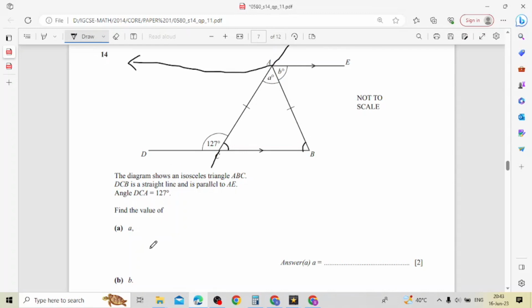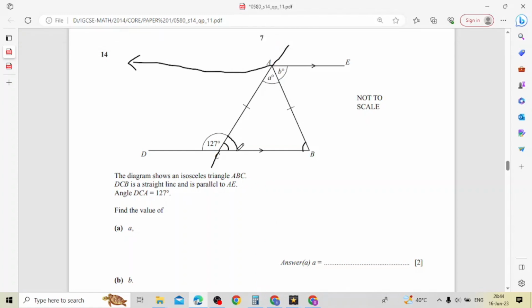Now A is here on the top corner, right? So how to find these angles? Now you see here, if I extend this to this, here 127 plus what makes this complete angle?